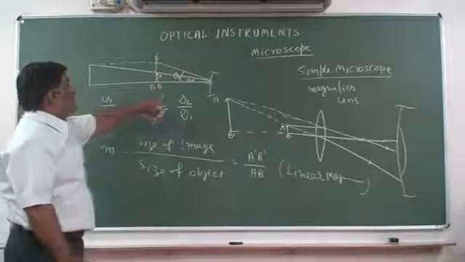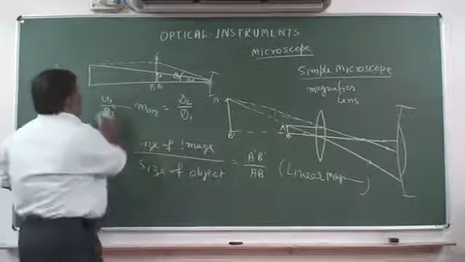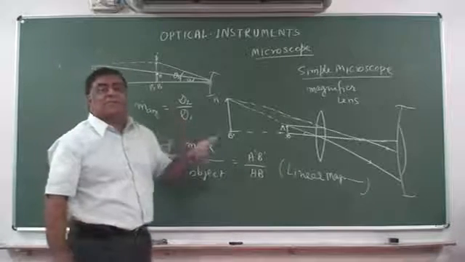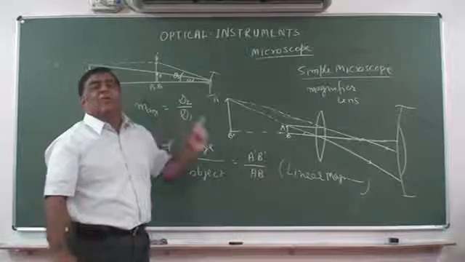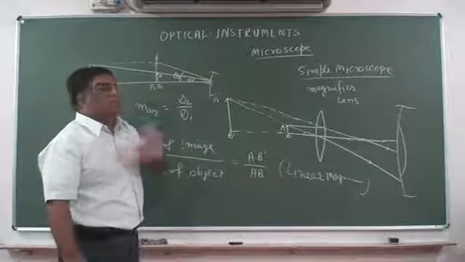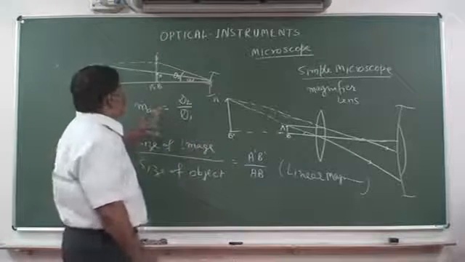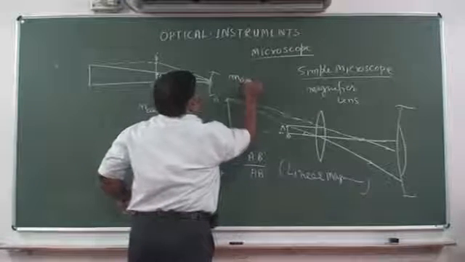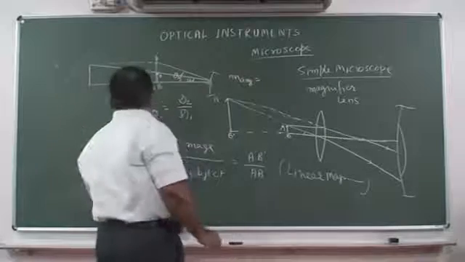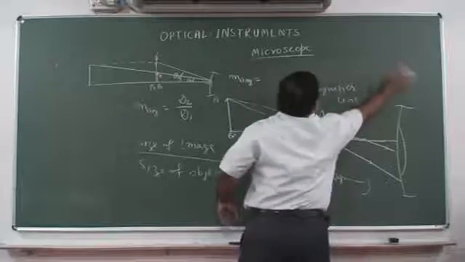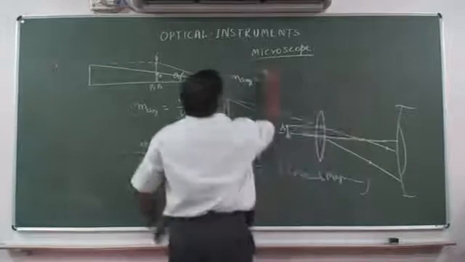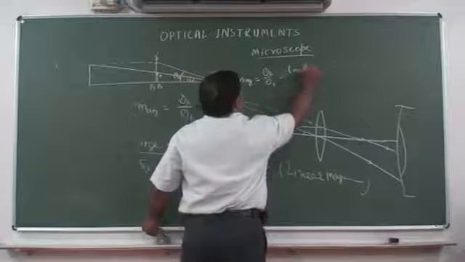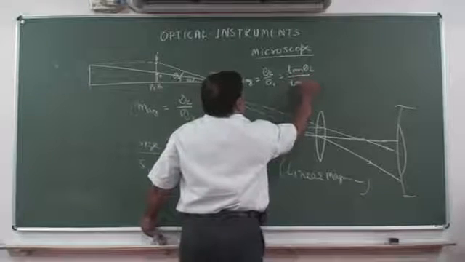So angular magnification is theta 2 upon theta 1. Now for small angles, angles are equal to their sine and angles are equal to their tangents. This we have done earlier. So angular magnification is equal to theta 2 upon theta 1, this is tangent theta 2 upon tangent theta 1.